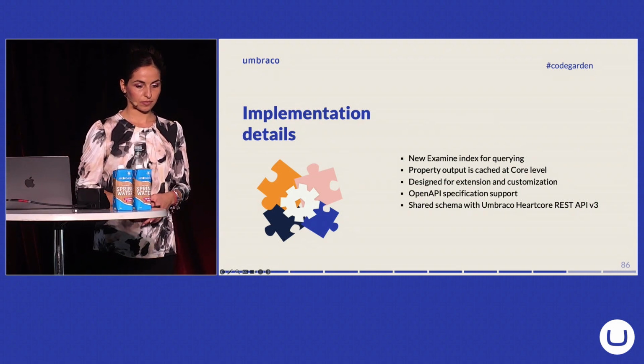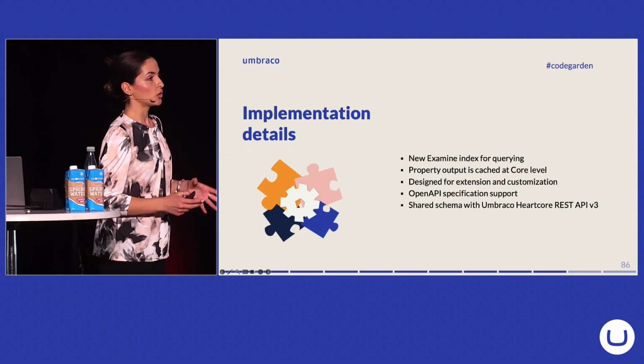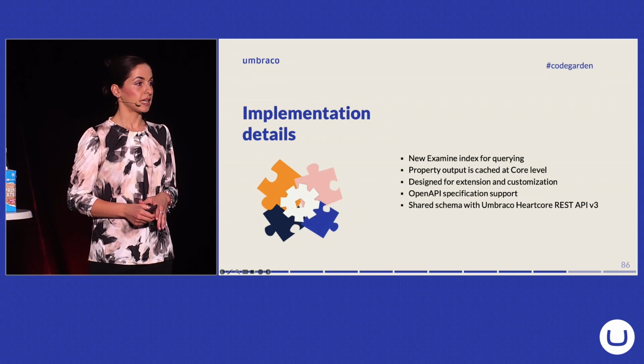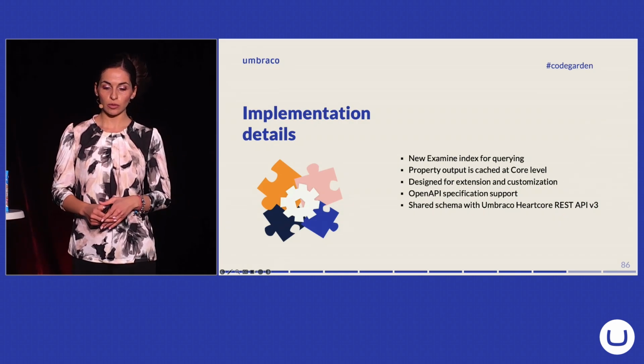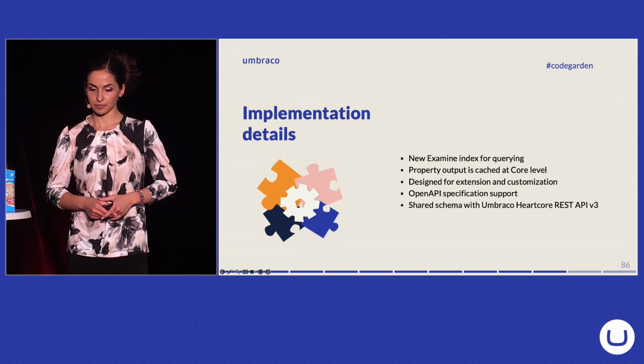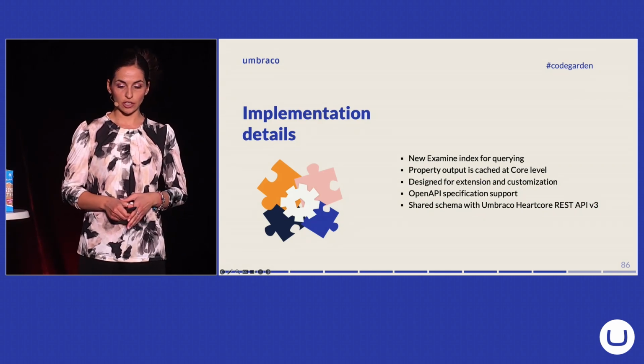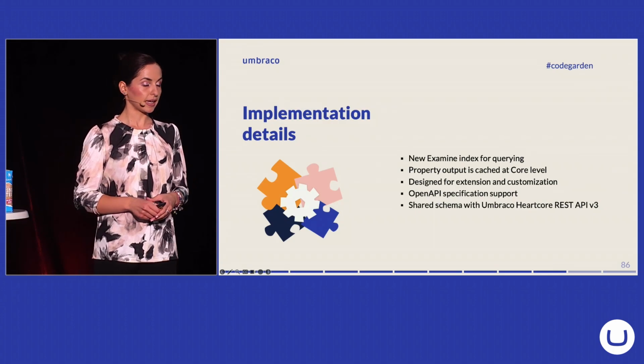The Delivery API has also been designed with extensibility in mind, meaning that there will be several extension points available, allowing for more flexibility. As you saw, we are also making use of the API specification to standardize how our APIs are described.